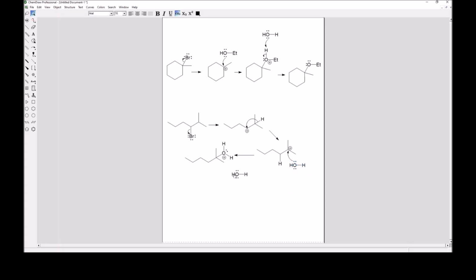I'm going to use a water because that's the highest probability scenario. Let's go ahead and trim our water down just a tad. We don't need all of those bonds. And we grab that hydrogen, and then the electrons need to drop from the bond over to the oxygen. And that lone pair is kind of in the way, so I'm going to move it over. And now we're down to our final product.